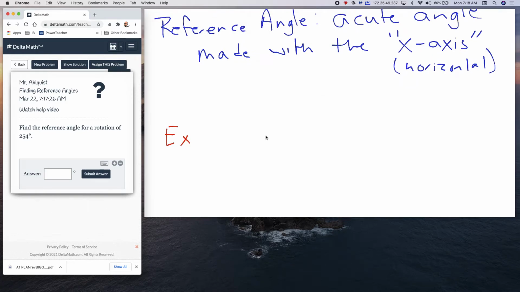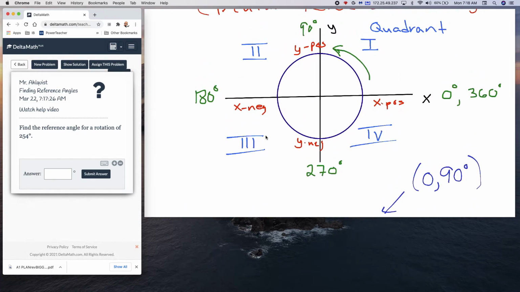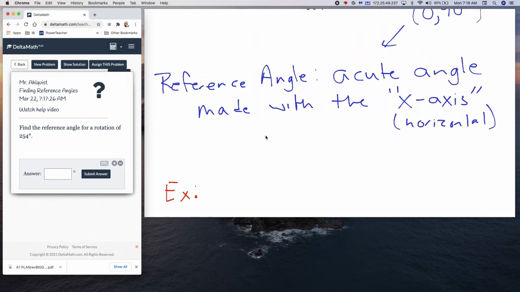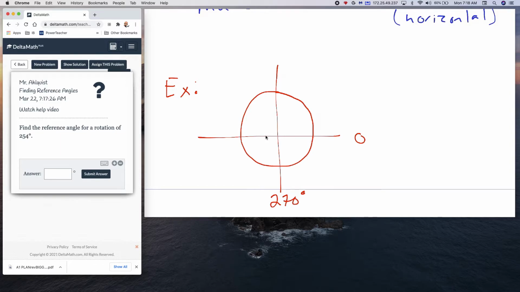Rather than giving you directions, think about where the angle would be placed. So 254 degrees. If you think about an angle placed on a circle at 254 degrees, with this being 0 degrees, this being 270 degrees and this being 180 degrees, 254 is going to be somewhere in that third quadrant, somewhere down here.